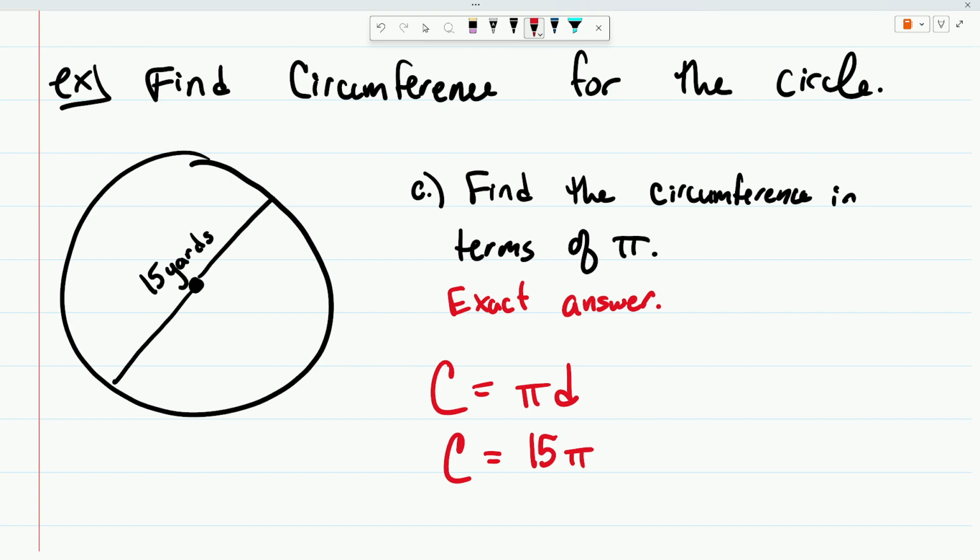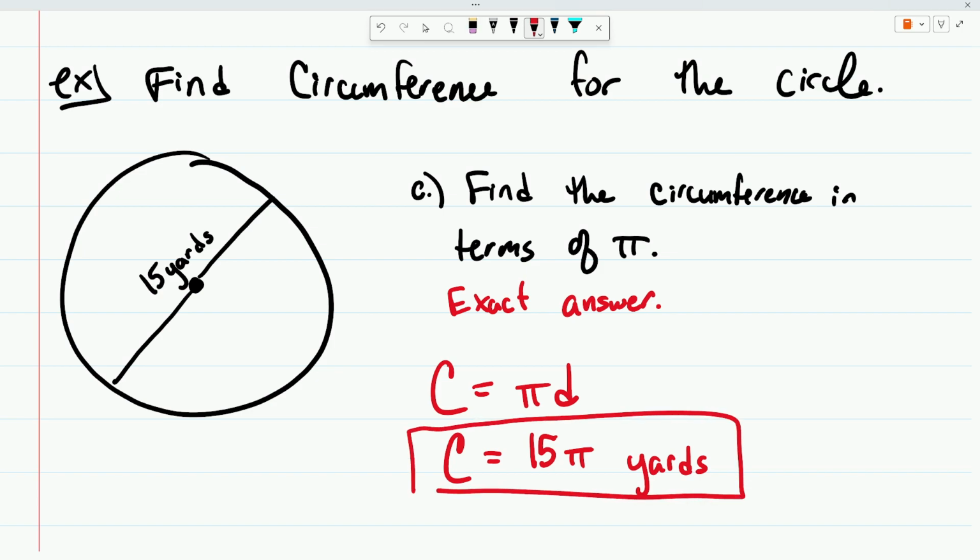And the units, because this is a length, remember, perimeter is a length, it's going to be yards to the first power, which, you know, we don't have to write the 1 up top if we don't want to. But this is what we call an exact answer, which is in terms of pi. We actually do not multiply out the number pi. We just leave it there. It's like it comes along for the ride.